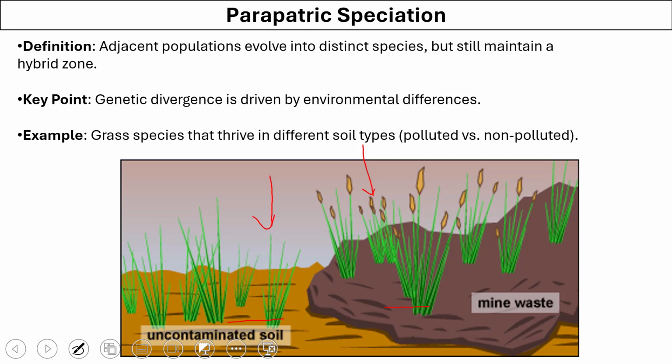But what has changed is their flowering cycle. When one kind of grass is flowering, the other is not flowering. So that means the cross pollination between them will not happen. Although they are able to interbreed, they cannot interbreed just because of the change in their flowering cycle.